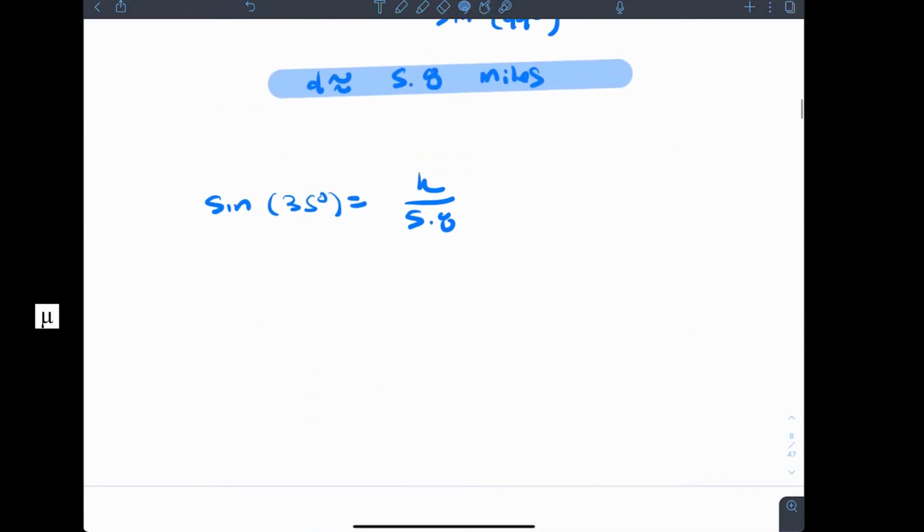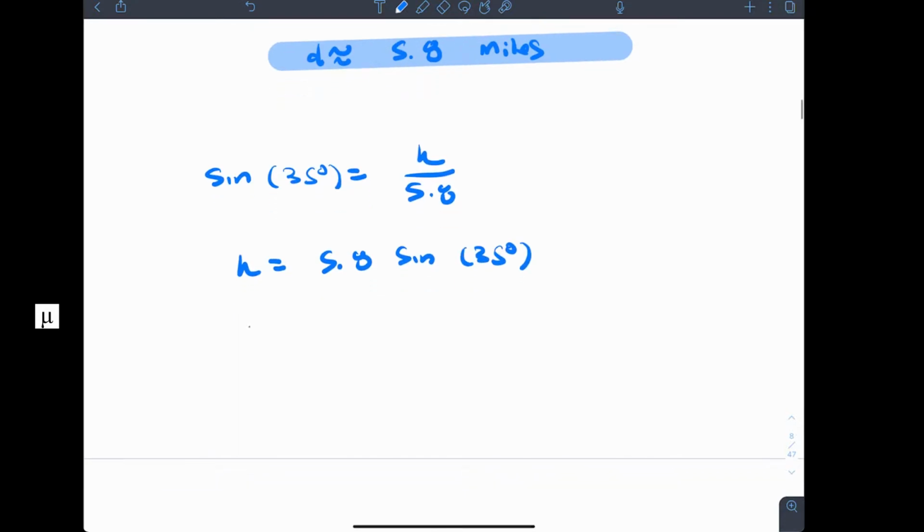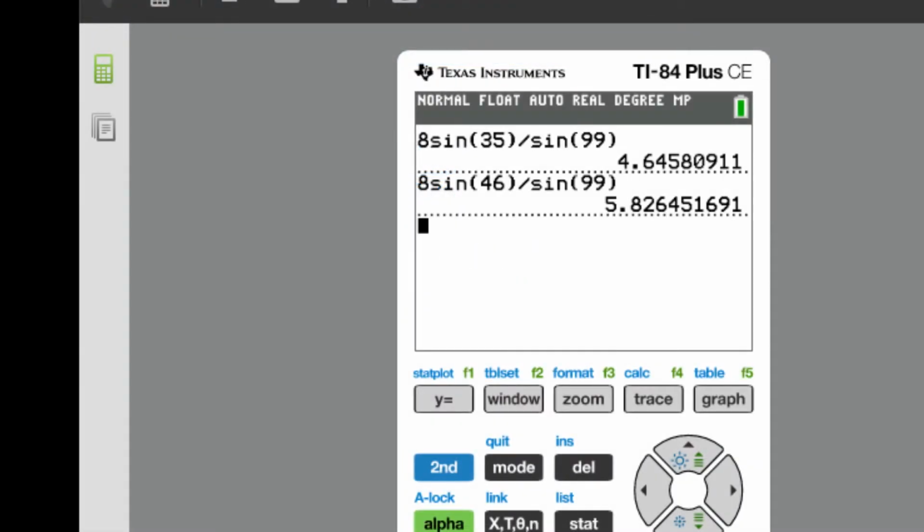So what is H going to be? 5.8 sine 35 degrees. What do you think we get for H? H is going to be 3 point what? 3.3 miles.